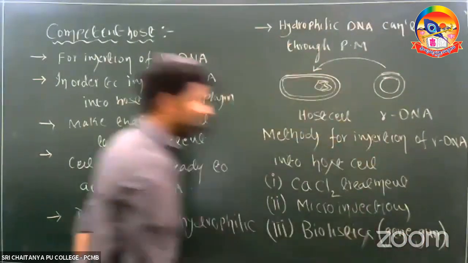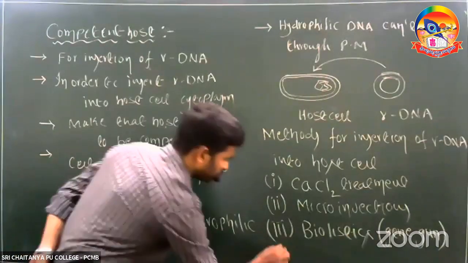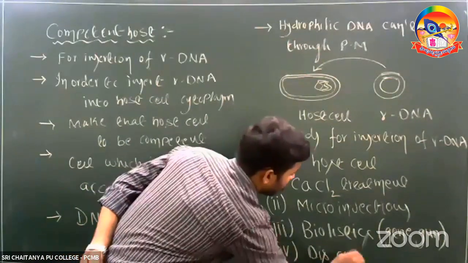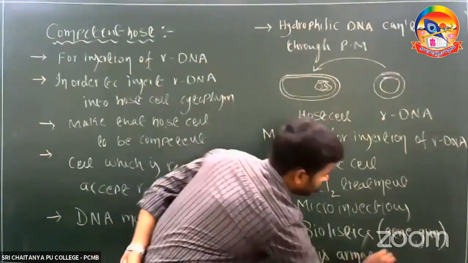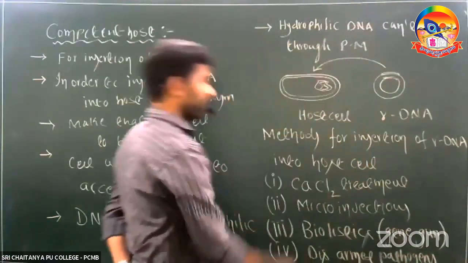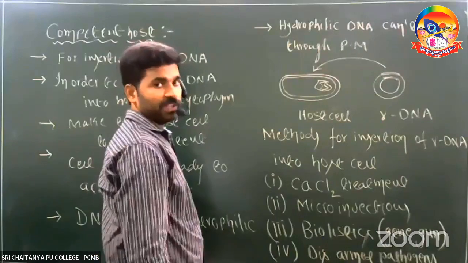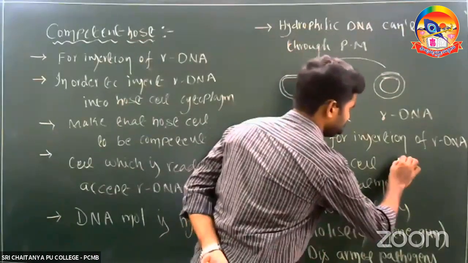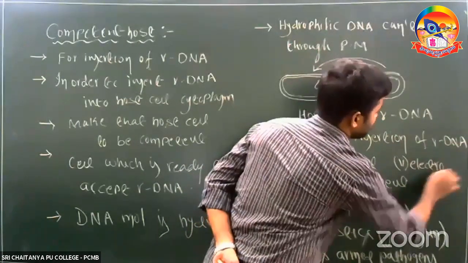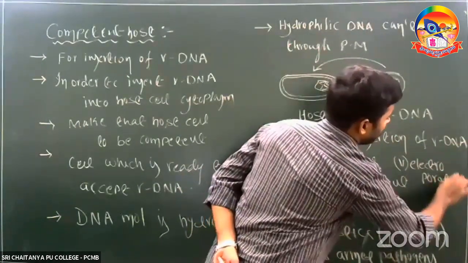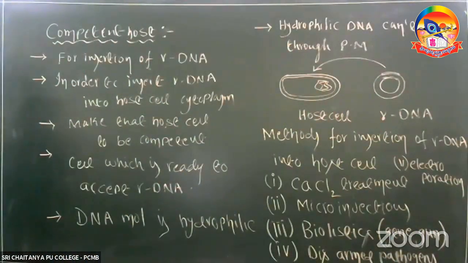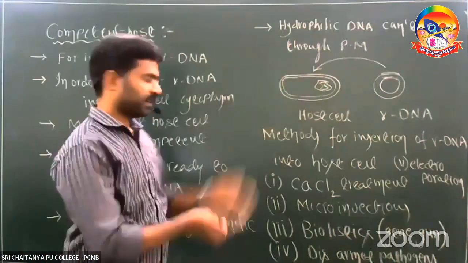And the fourth one, by using disarmed pathogens. And the fifth method, another method, that is electroporation. So these are the 5 methods for insertion of rDNA molecule into the host cell cytoplasm.